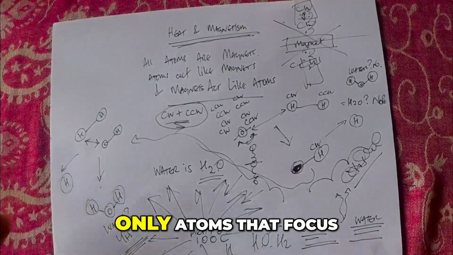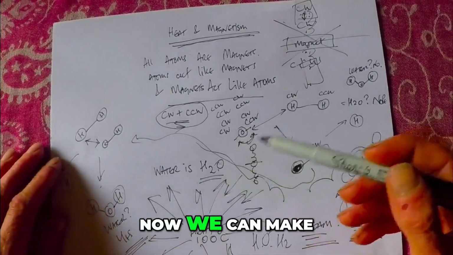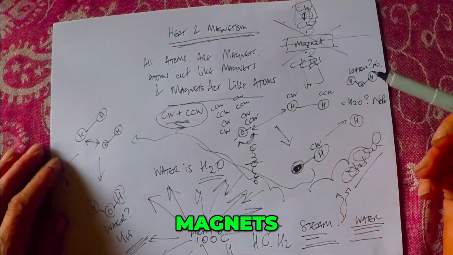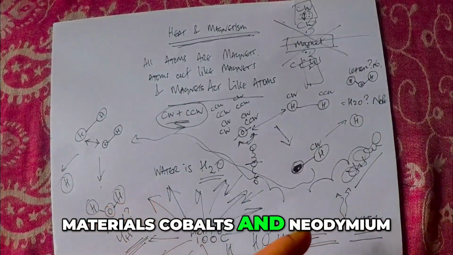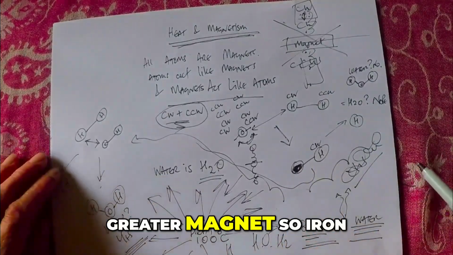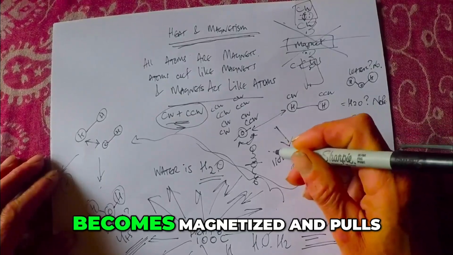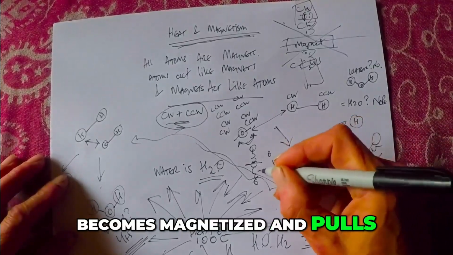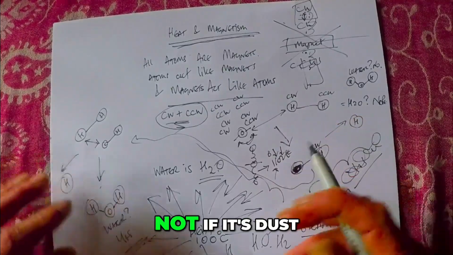There's only atoms that focus energy, which is why now we can make magnets. Certain combinations of materials, cobalt and neodymium, when you put them together they make a greater magnet. So iron becomes magnetized and pulls iron into itself. Is it difficult to pull apart? Not if it's dust.